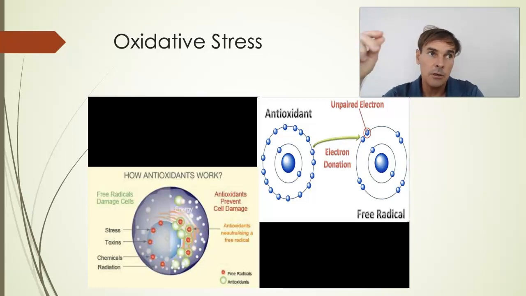It has to in turn steal one from somewhere else, and the chain reaction just goes and goes until you can arrest it with antioxidant activity. Antioxidants work by donating an electron without themselves sustaining damage. Glutathione, for example, is a molecule that has numerous electrons available for donation. Vitamin C is another one.